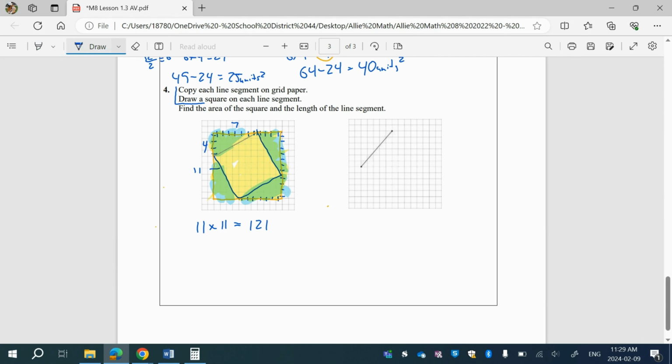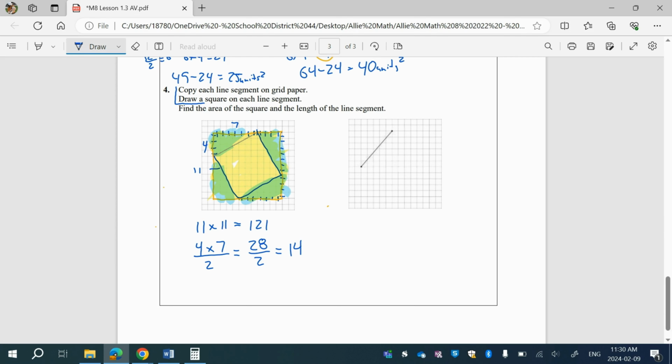Okay, so remember we can find the area of these triangles by doing the base times the height divided by 2. We already figured that out. 4 times 7 is 28, divided by 2 is 14.